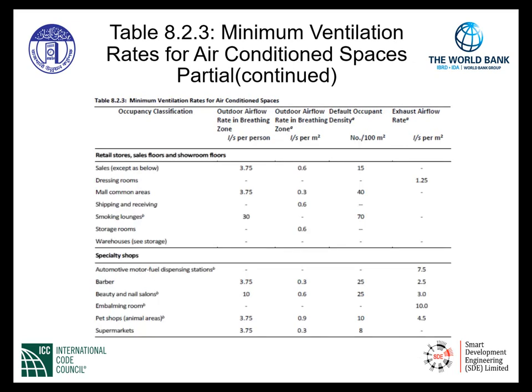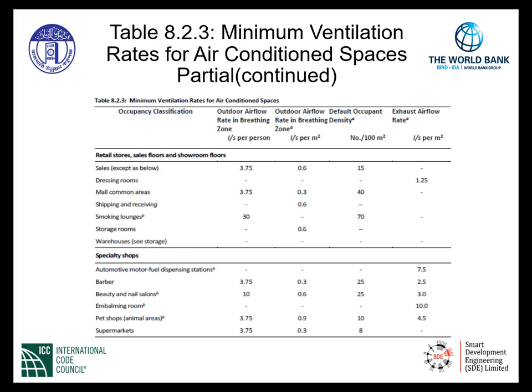Continuing on with Table 8.2.3, we're going to another category, retail stores, sales floors, and showroom floors. As seen within this category, each area has its own requirements when it comes to ventilation and exhaust.